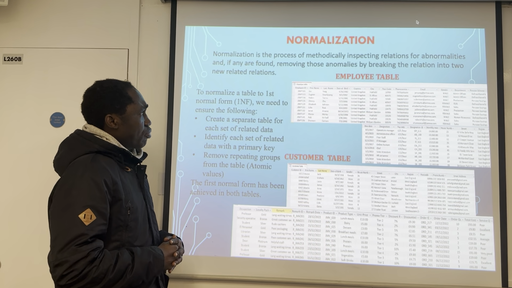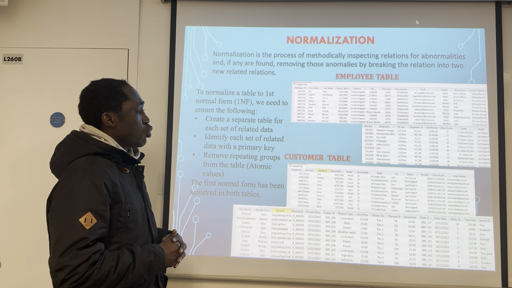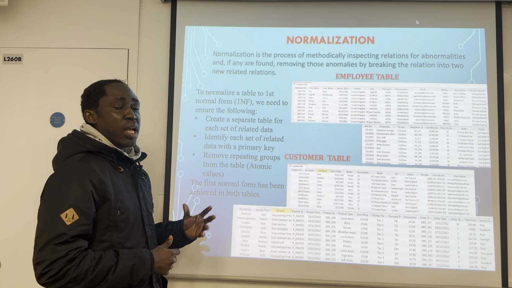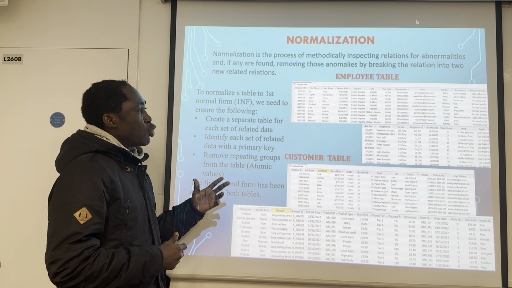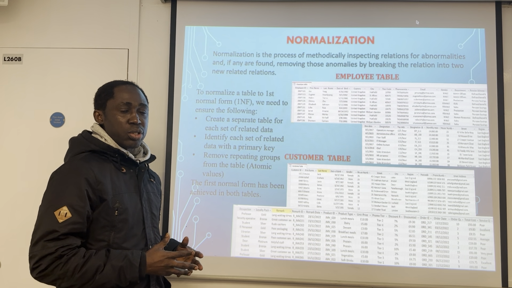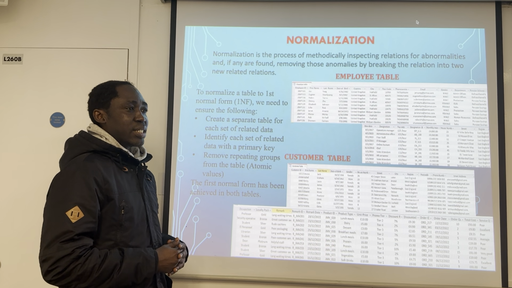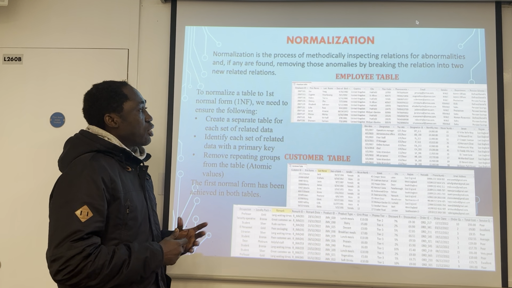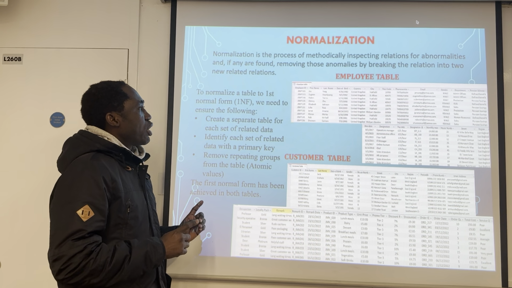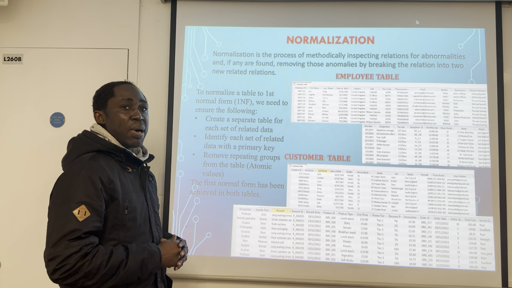So we have the employee table and the customer table. And in this, we make sure these tables pass through the process of normalization to be able to get a final normalized table. And part of the normalization process is that we run them through the normal forms.